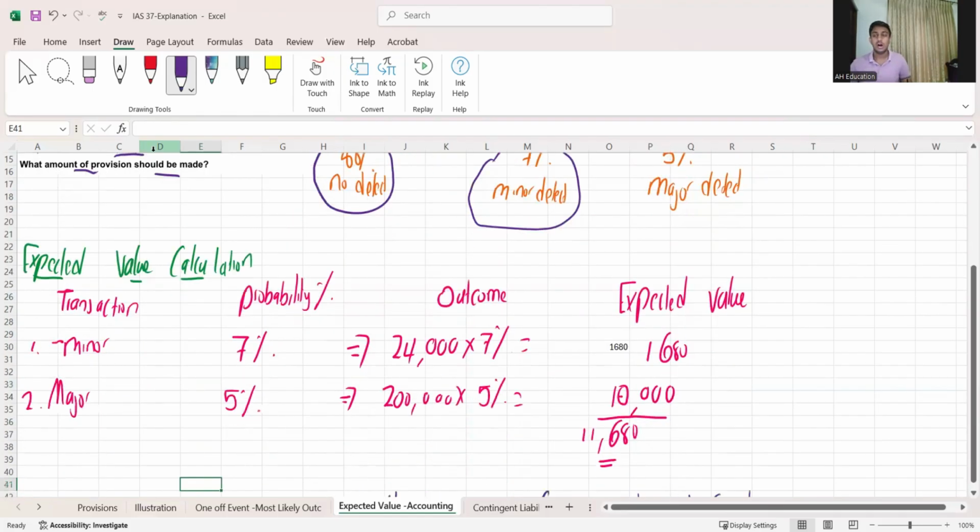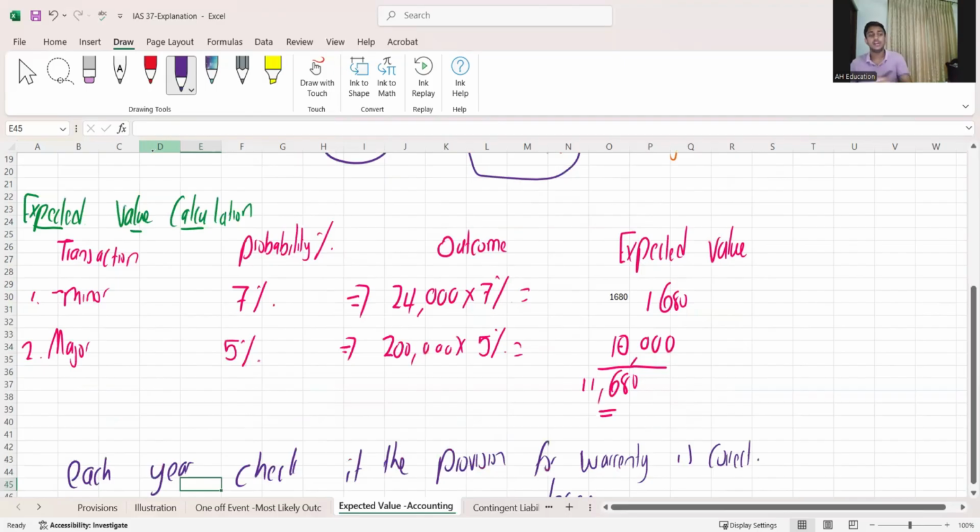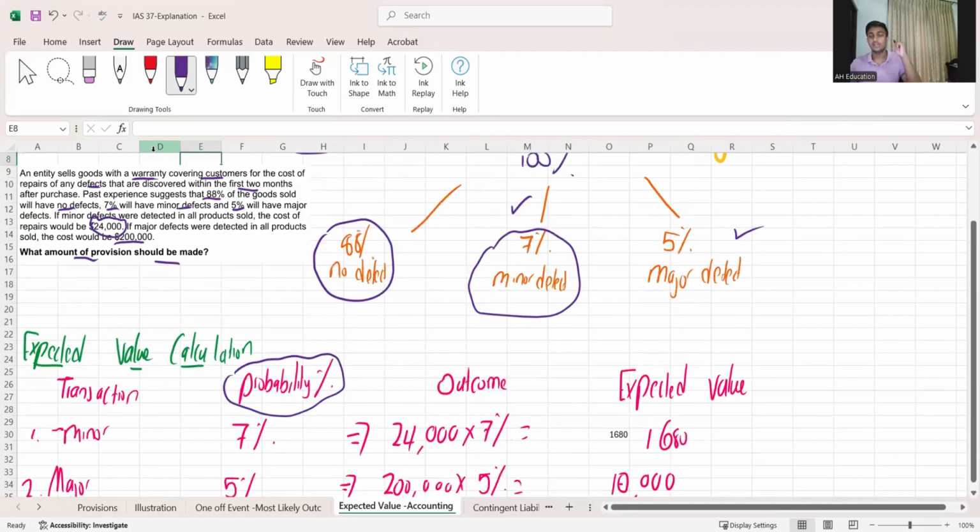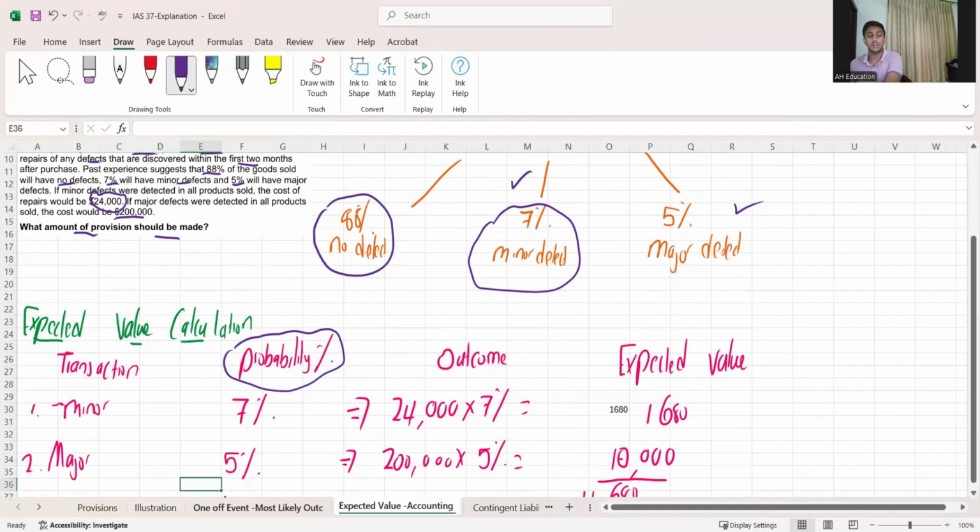Now, how do we calculate expected value? Based on your probability. We know if it's minor, there's a probability of it occurring of 7%, and if it's major, the probability of it occurring is 5%. So I'll go and put it here. You need to go and put it here.